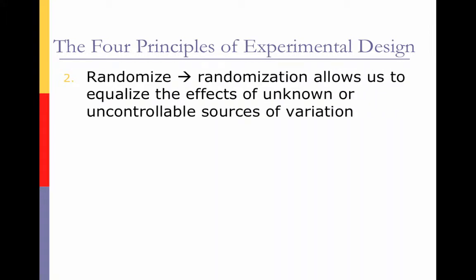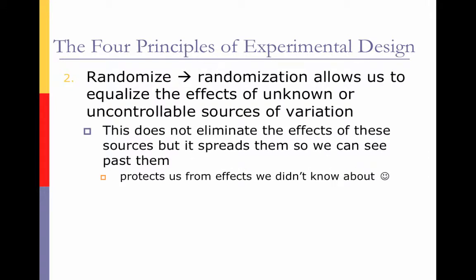The second principle is randomization. So randomizing allows us to equalize the effects of unknown or uncontrollable sources of variation. So if you have volunteers who suffer from migraines, and some people are going to be more severe than others, as long as you do a random selection, we'll get an even distribution of the severity that people suffer from migraines from.